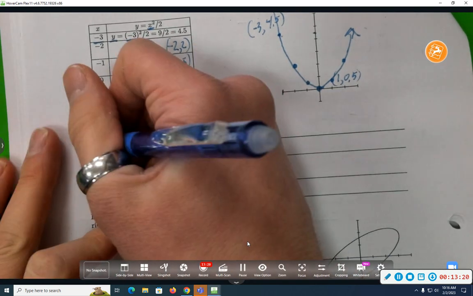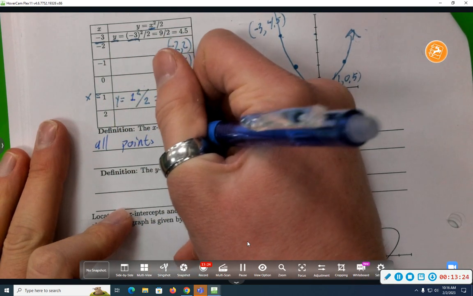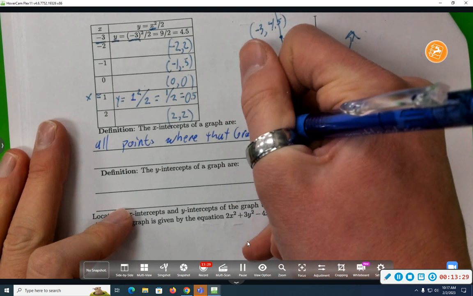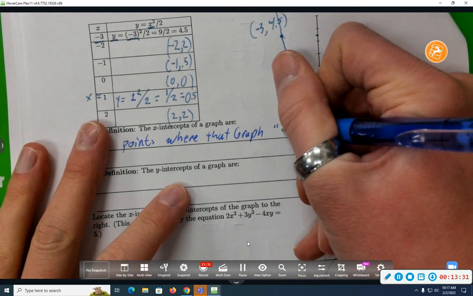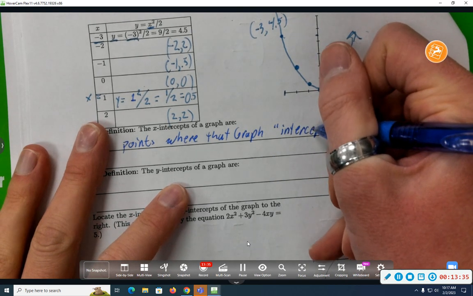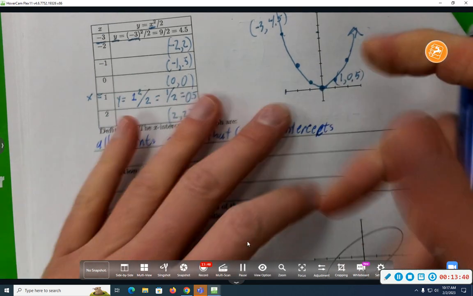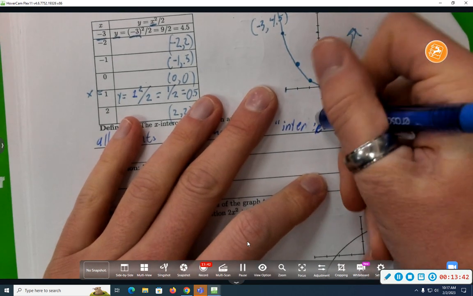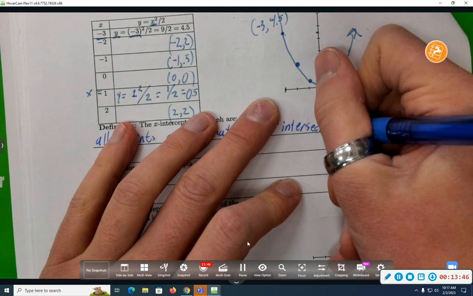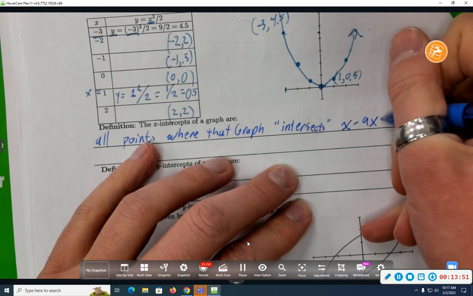The x-intercepts of the graph are all points where that graph intersects. Spelling is very hard. I want the word intersect. Means it touches or crosses the x-axis.